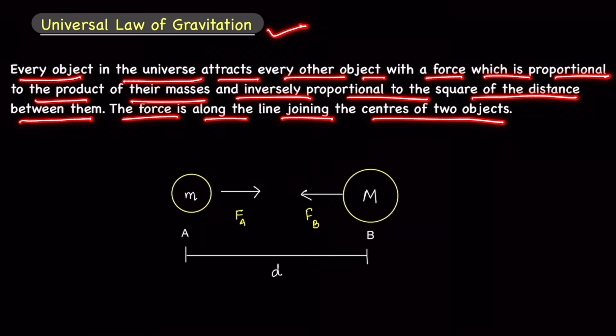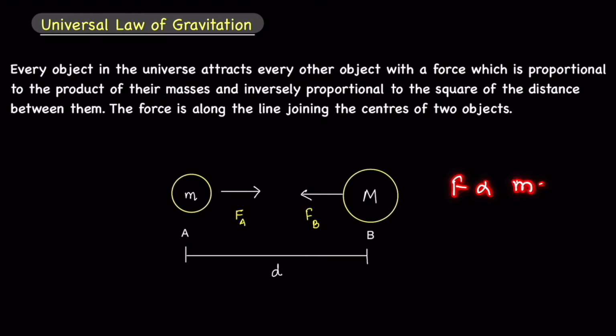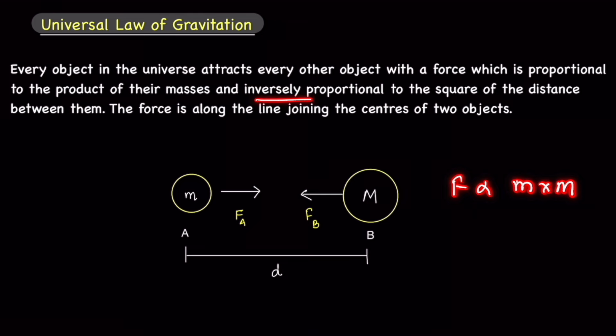Let's understand this definition. Here you see we have two masses A and B. A has a small mass m, B has capital M. According to the universal law of gravitation, gravitational force is directly proportional to the product of their masses. It means that it is directly proportional to small m into capital M, the product of the two masses, and inversely proportional to the square of the distance between them.